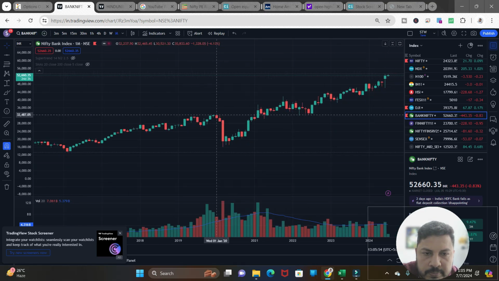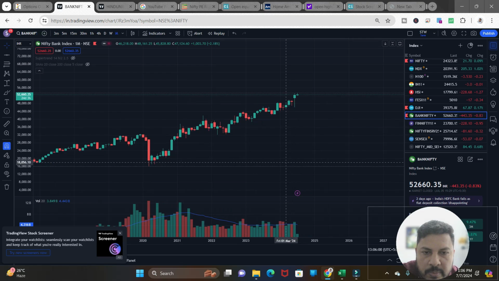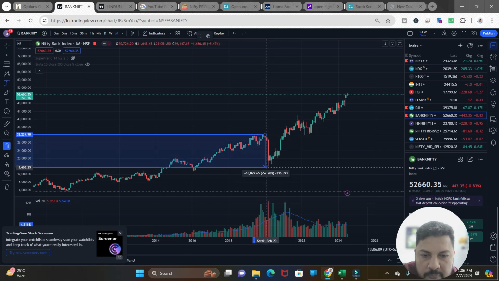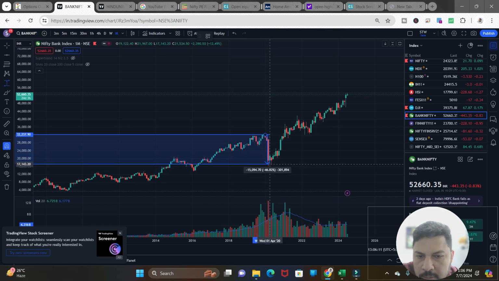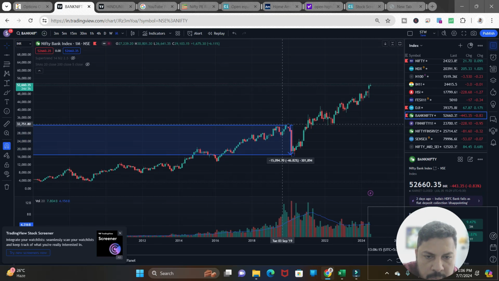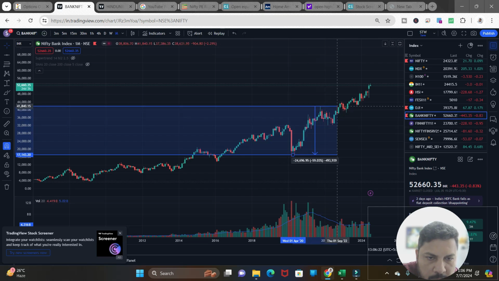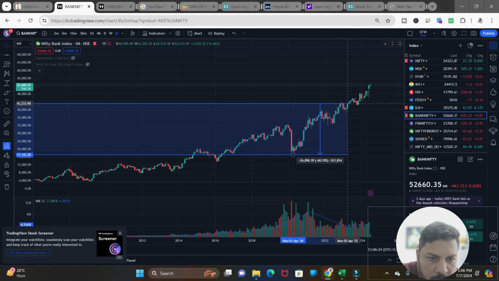From here, this was the Corona crash, and from there it started moving up. So we can expect some kind of positivity in Bank Nifty as well, because you can see what will be the target for Bank Nifty from the high to the fall, from the previous high. Yes, from here.